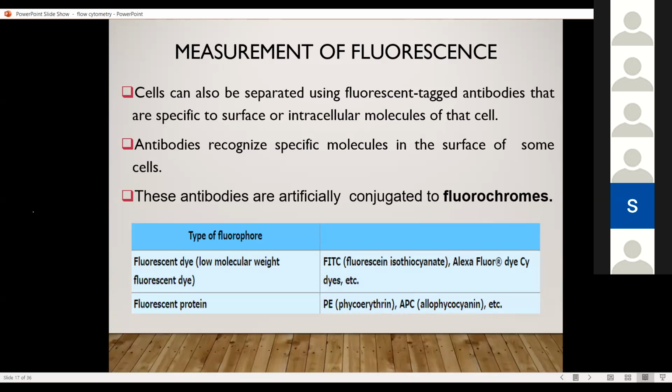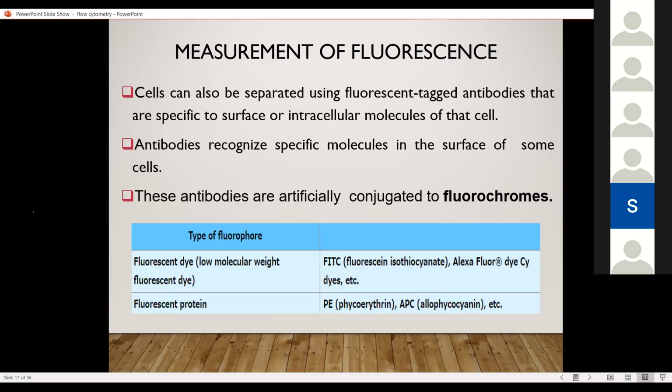There are so many fluorescent molecules available nowadays to tag different cell molecules or antibodies. We can use different antibodies at a single time, conjugated with different fluorescent molecules, so that we can differentiate a population of cells in real time into different subpopulations.